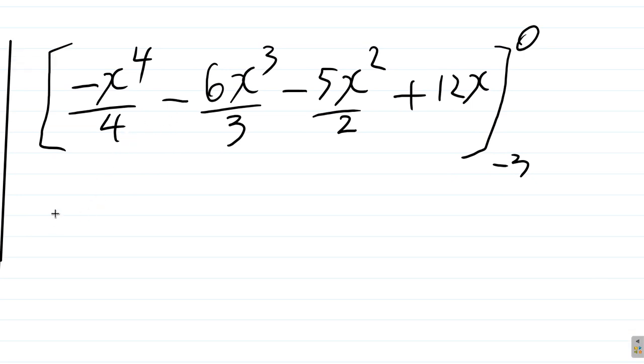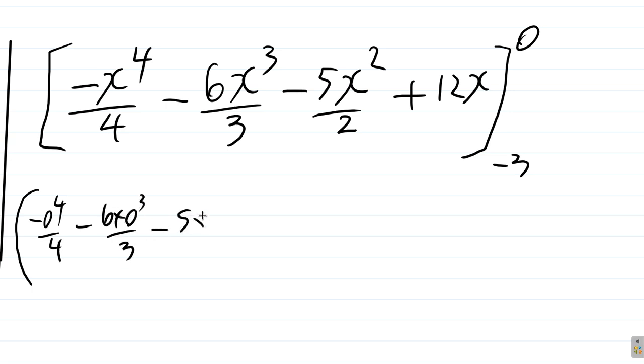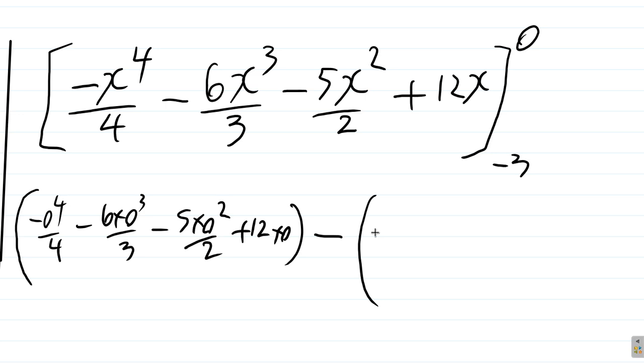So upper boundary substituted for x first. X is equal to the upper boundary, which in this case is 0: negative 0 to the 4 over 4 minus 6 times 0 cubed over 3 minus 5 times 0 squared over 2 plus 12 times 0. All of that will be 0. Minus, now this part is going to be negative.